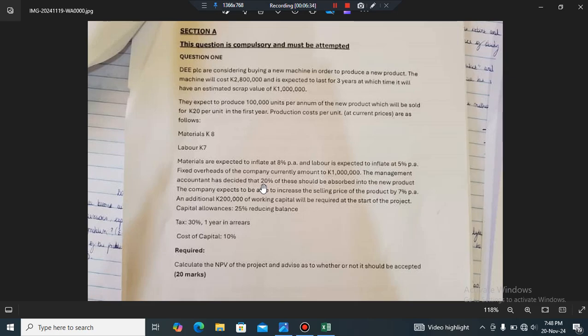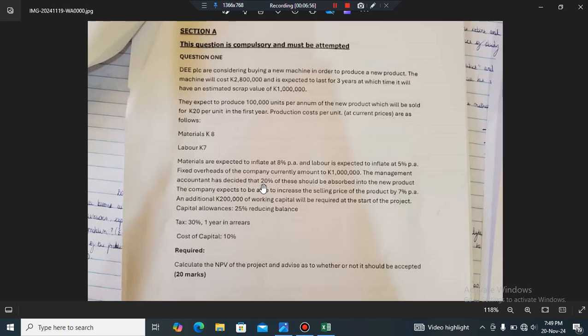In decision accounting, they say absorbed overheads are irrelevant for decision making, but those overheads which have been incurred are relevant for decision making.